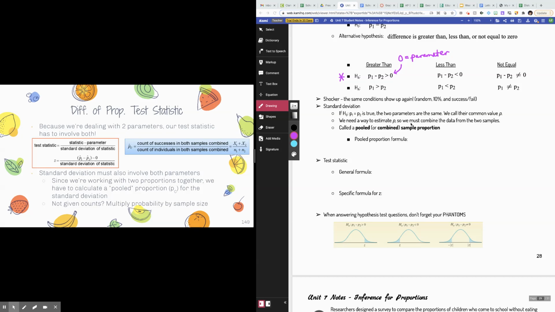So that combined sample proportion is called a pooled sample proportion, or you may see it called the combined sample proportion. Okay, so the way that you calculate a pooled proportion is you add the number of successes in both populations, and you divide that by the total in both populations.